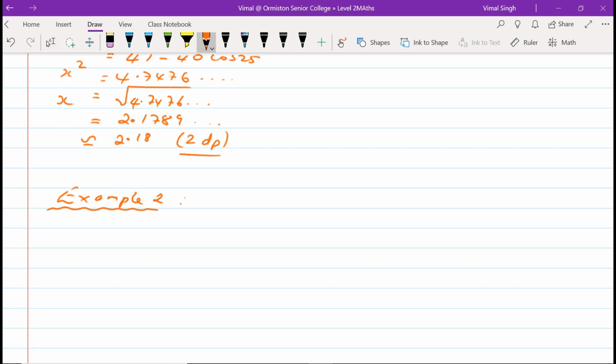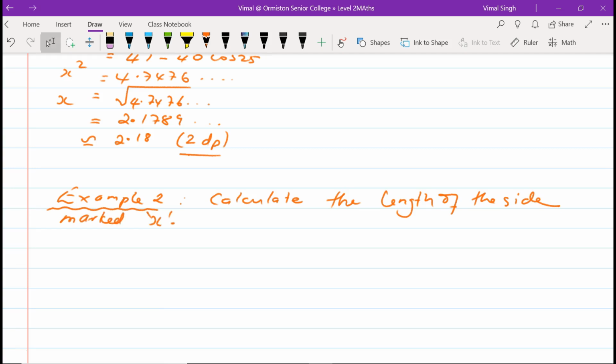Calculate the length of the side marked x.